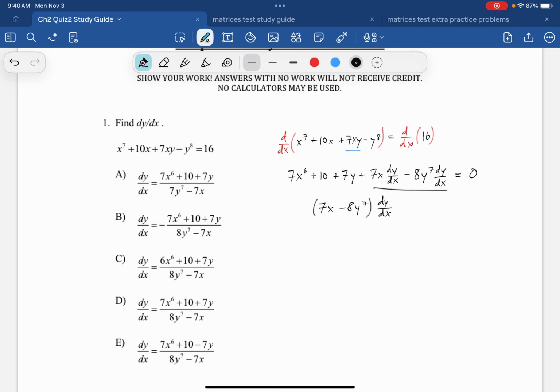I've just factored these two terms here. And then I'm going to move all the other terms to the right side. So that's minus 7x to the 6th minus 7y minus 10.